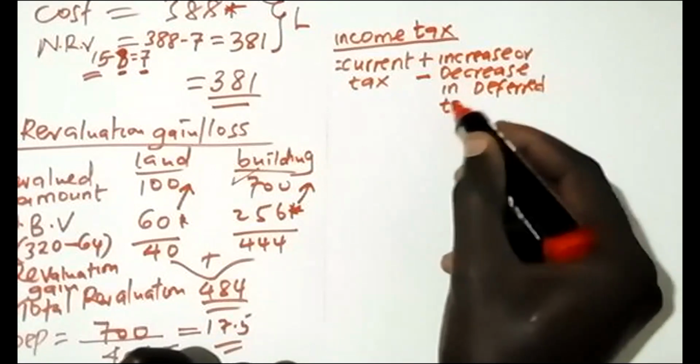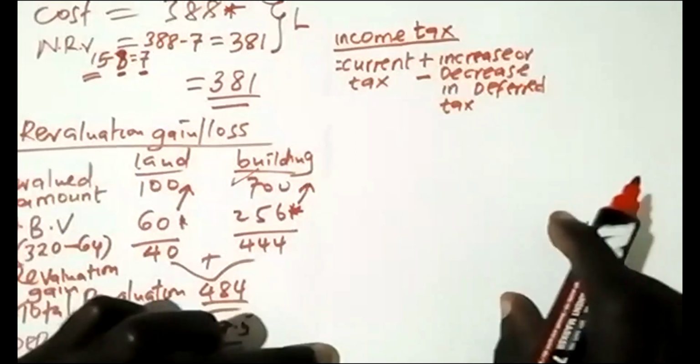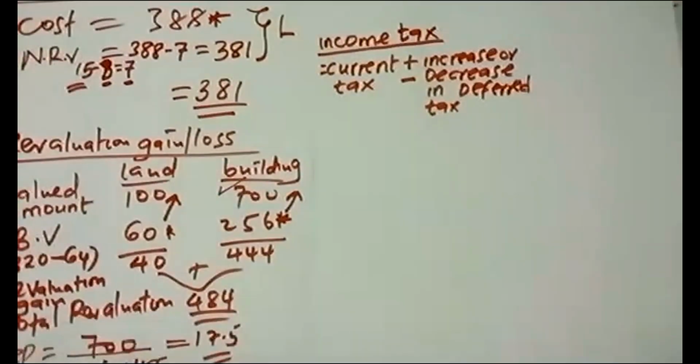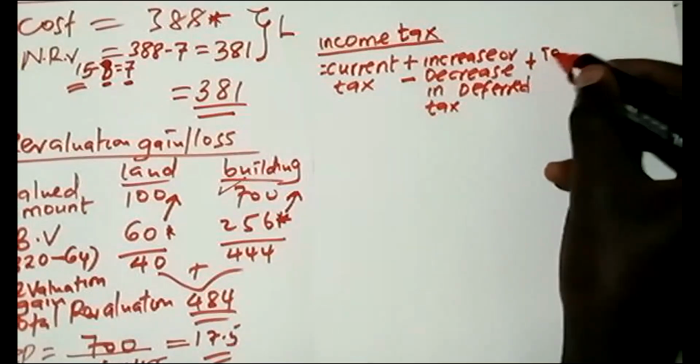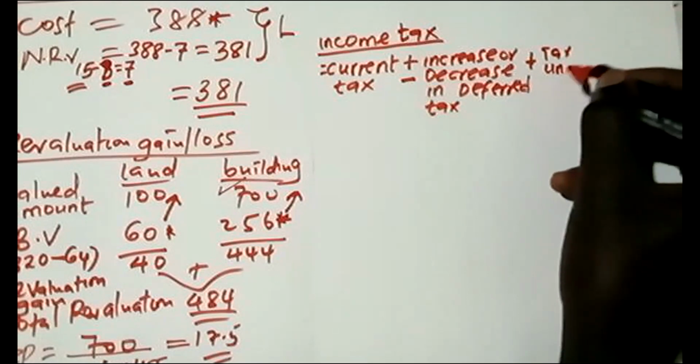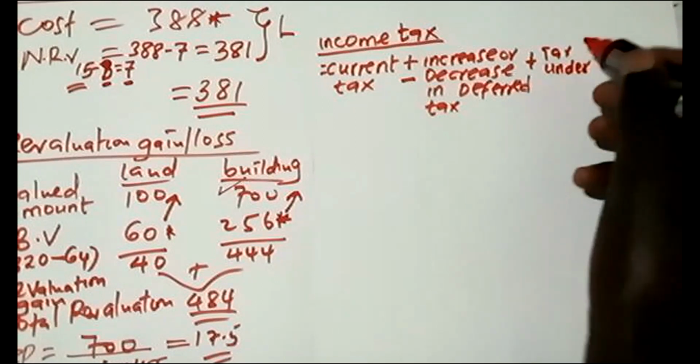Remember that deferred tax is all about provision for future taxes. The taxes of the future, you provide for them now. Then we add tax under provision. Last year you were supposed to pay a certain tax, but you under provided, so you have to pay it this year.